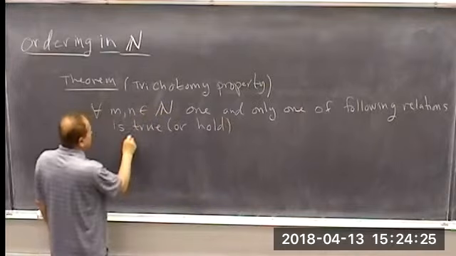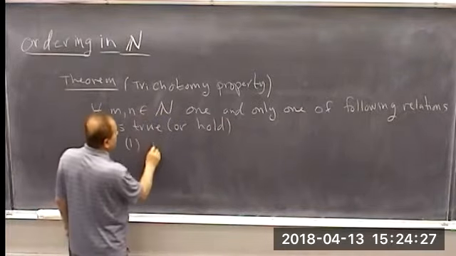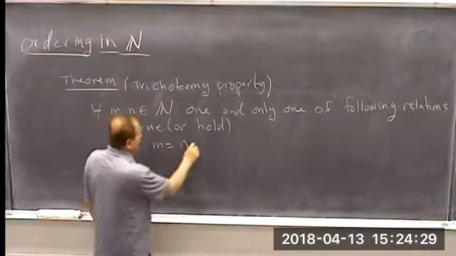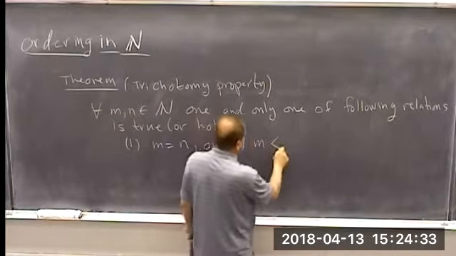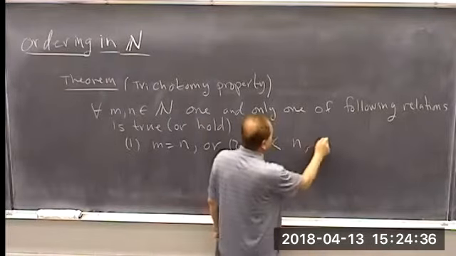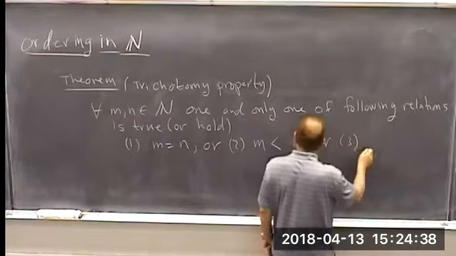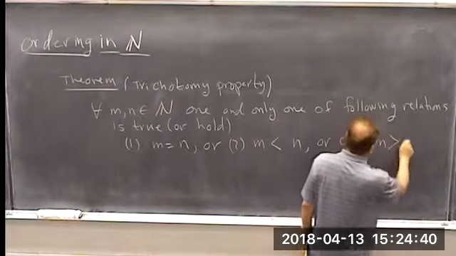First one, m is equal to n, or 2, m is smaller than n, or 3, m is bigger than n.